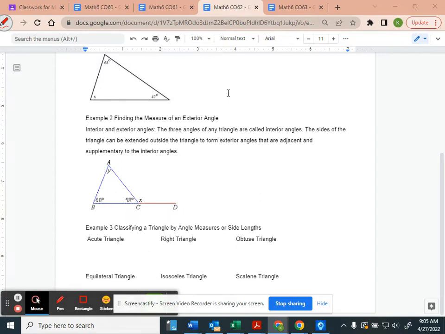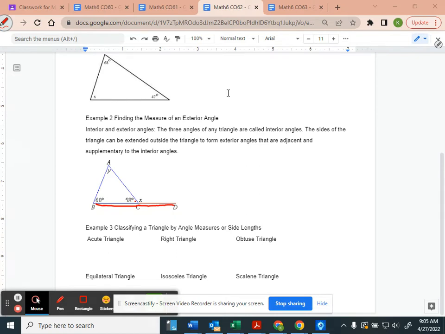So if we look at this line BC, we can extend it out to D. It's a straight line. What do we know about straight lines? It's 180 degrees. So if we know a straight line is 180 degrees, and we know this interior angle is 58 degrees, can you find angle X?